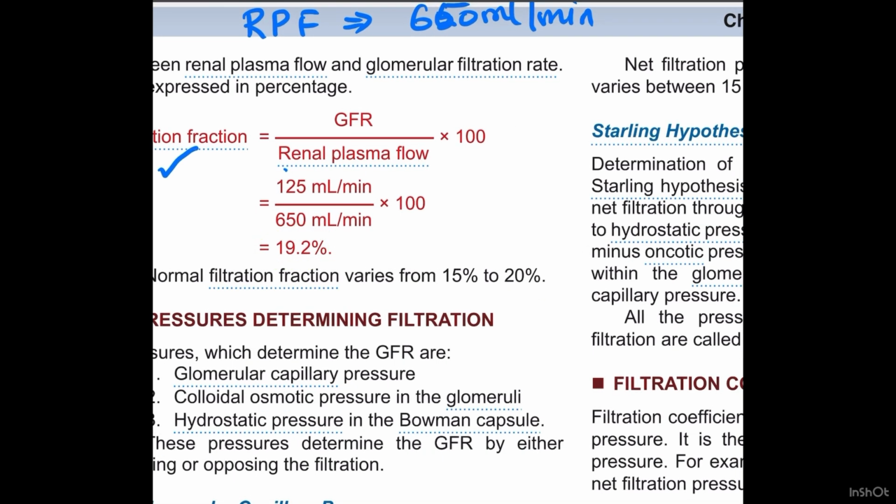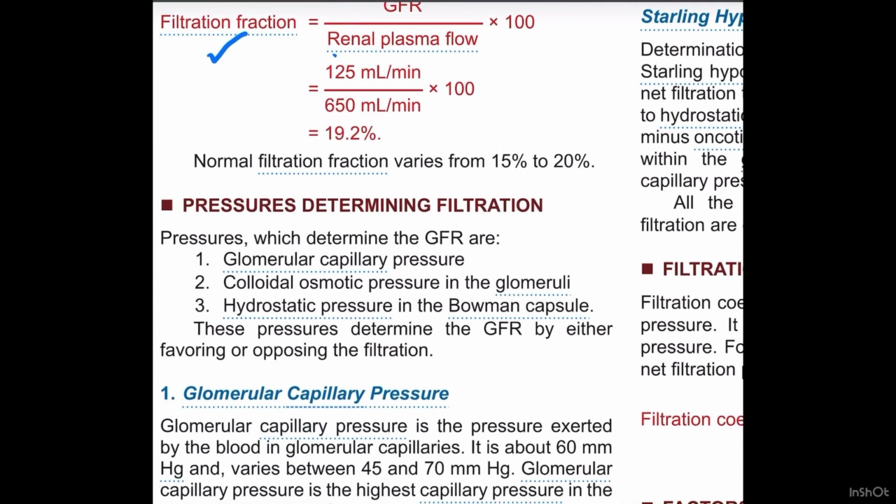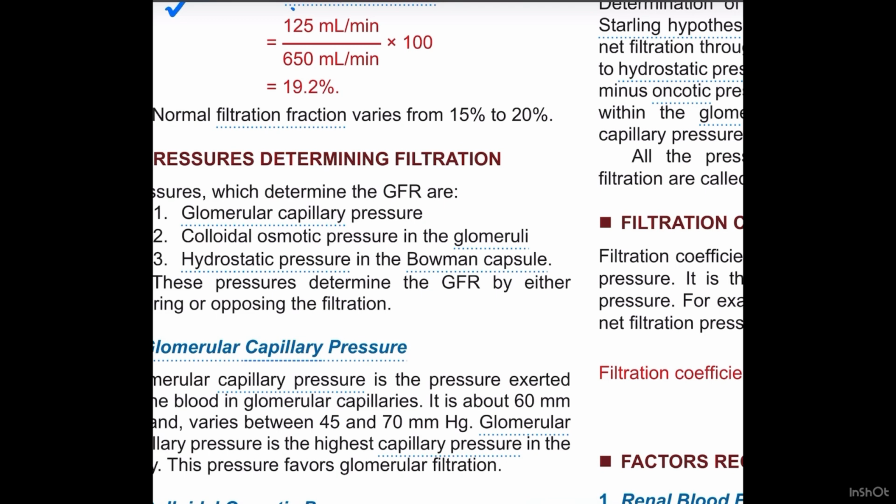So the normal filtration fraction is 15 to 20%. If your patient has 15 to 20% filtration fraction, then he is in a normal condition. If it is less or above, you can consider it an abnormal condition. So that's about filtration.